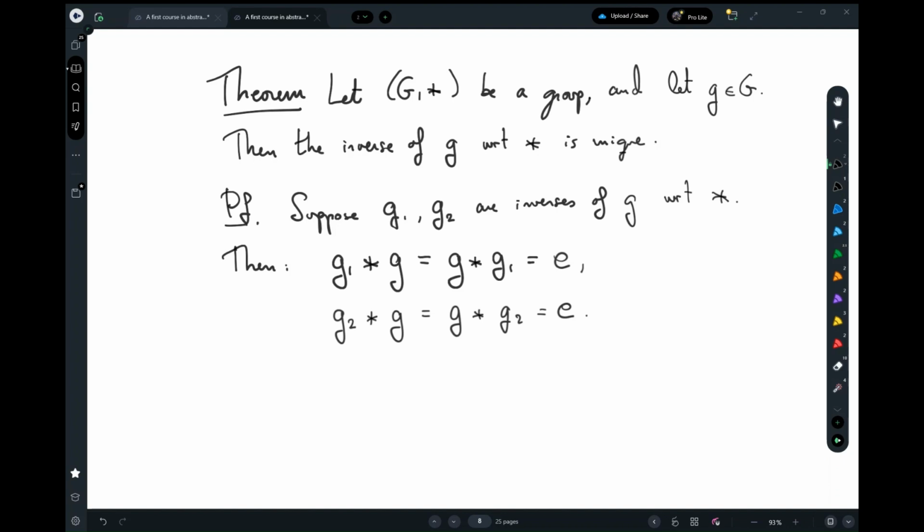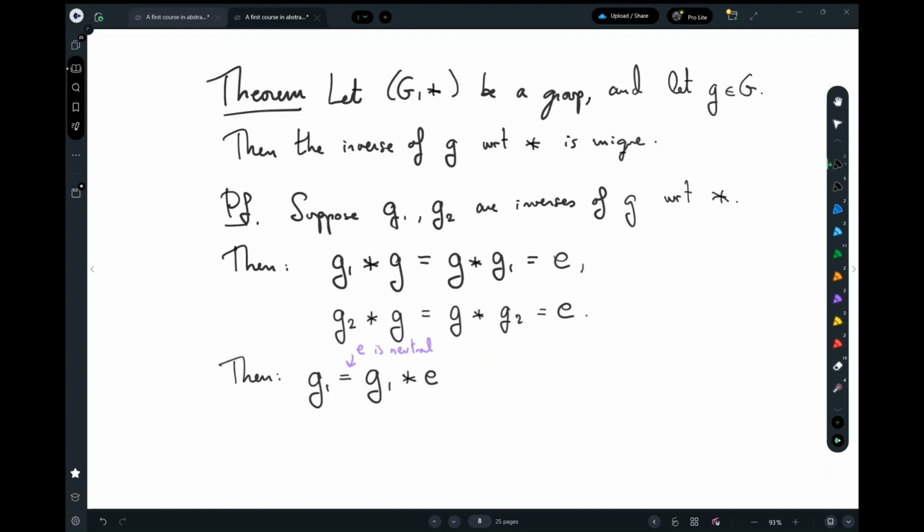Great. So now I want to show that g1 is equal to g2. So then what is g1? Here's a common trick to be able to bring in g2. What I'm going to do, which is something we use all the time, is that we have an equation and we either add 0 or multiply by 1, and then we do some operation with that 0 or 1 to bring other things into the same equation. So g1 is the same as g1 star e, where here I've used the fact that e is neutral.